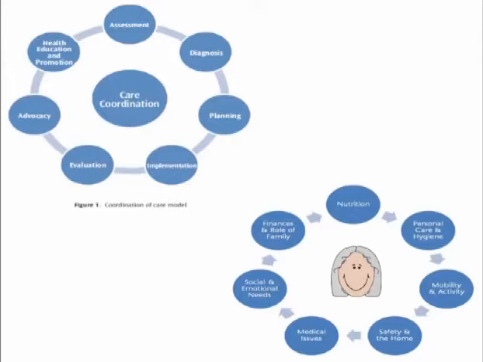So assessment, for example, as her nurse, I will make sure I'm constantly assessing her pain. Is her pain controlled? Is the pain what she says it is? Is it where she wants it to be? The physician would also be assessing, make sure is her pain controlled? What is her disease? How is her disease progressing? Same with advocacy. Each component here is overlapped by all of our disciplines.